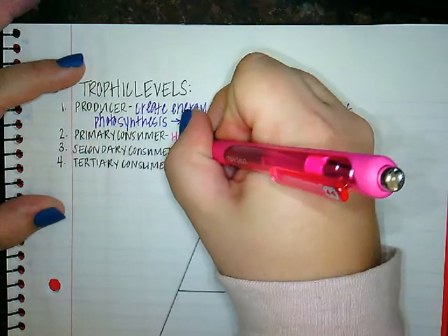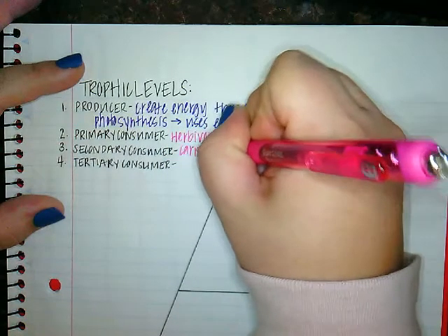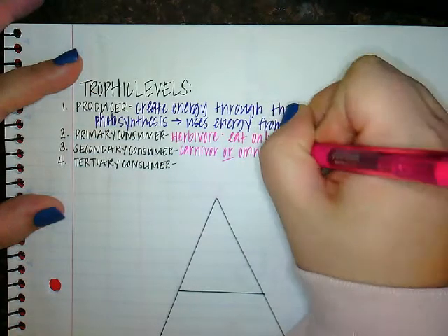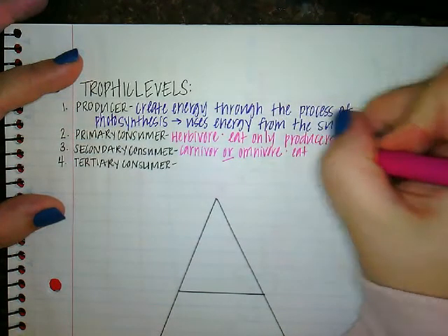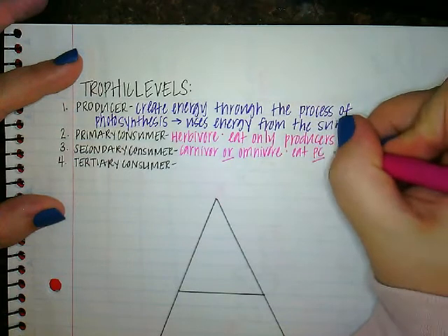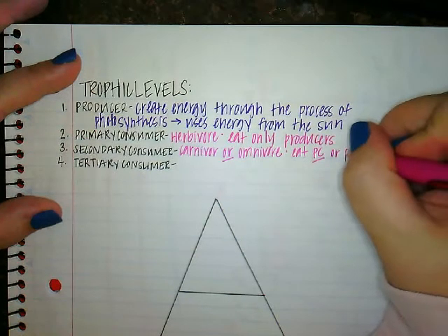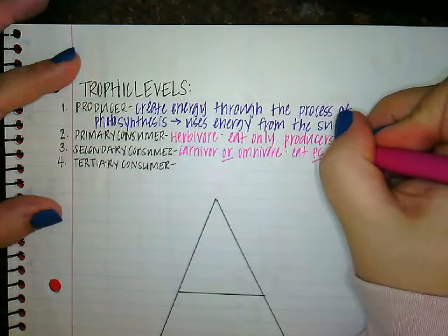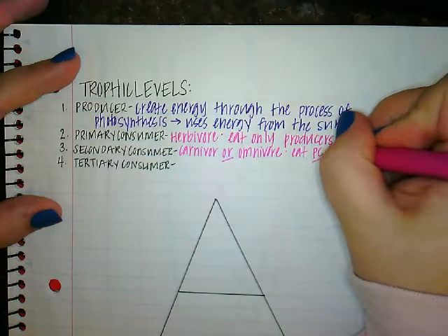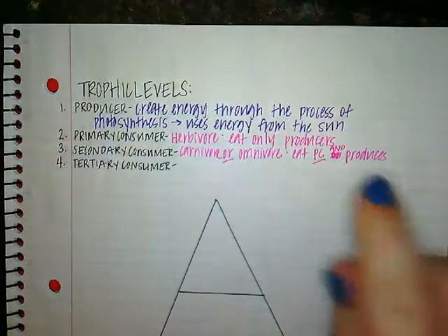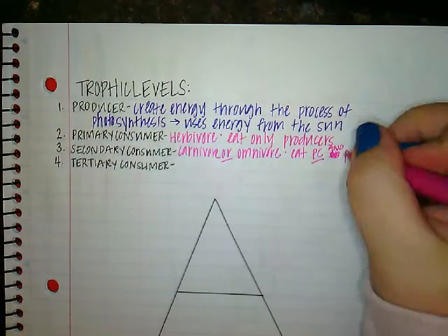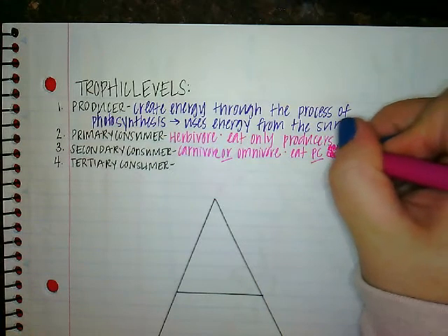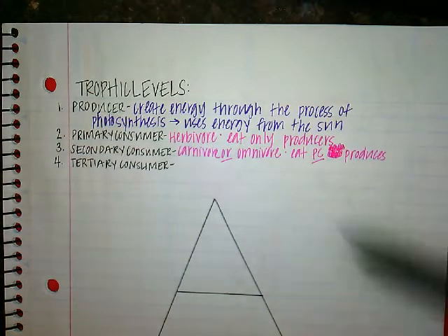Our secondary level consumer can be a carnivore or an omnivore, which means they eat primary consumers or producers. Oh, that's not an or, it should be an and. Sorry, guys. For you to be an omnivore, that's not true. Sorry. I was right the first time.